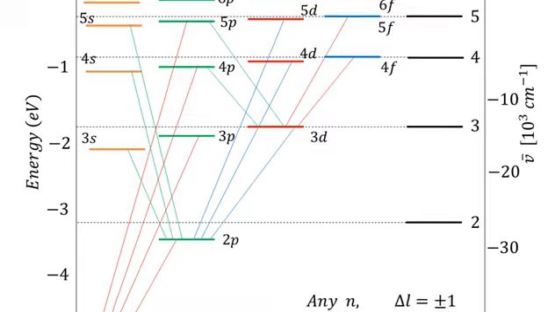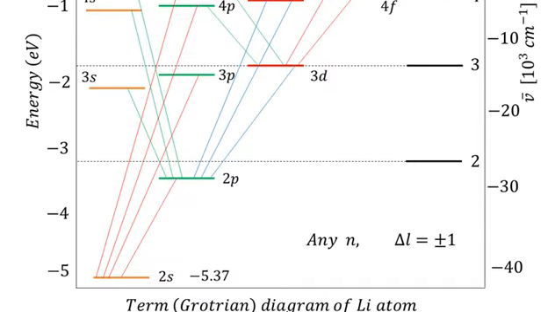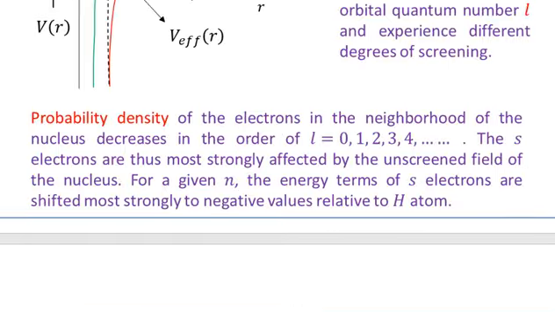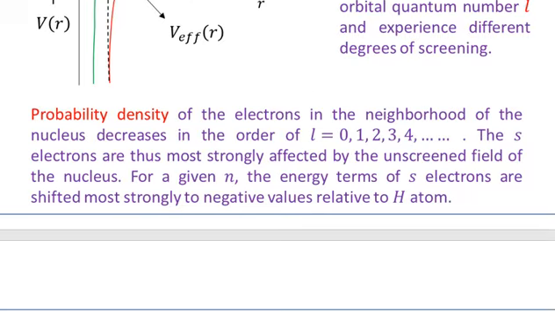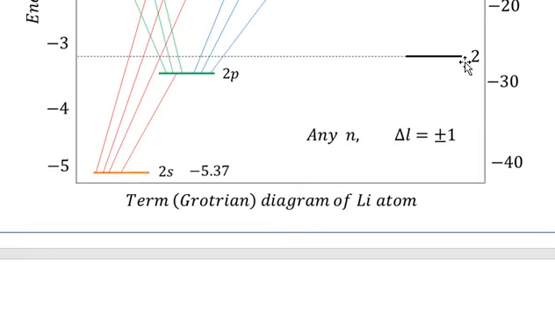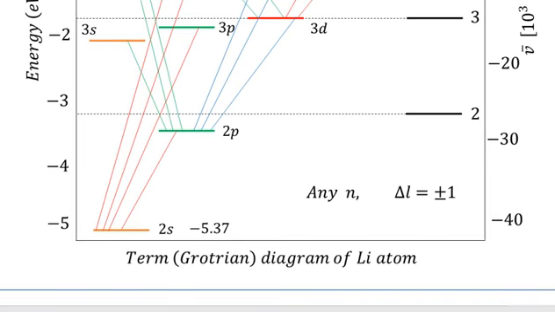Now I am going to show you the transitions between these states. Any value of n is possible, and the orbital quantum number should change by plus or minus 1. That is, when delta L is equal to 0, the transitions are not possible. So delta L should change either by plus 1 or by minus 1. For example, consider the transitions from the 2s to 2p.